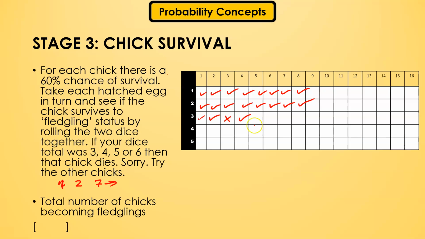A 6 and 3, which is 9. 4 and a 4, so that gives us another survival. A 10, so 4 and a 6. And the last one, snake eyes, double one. So that means that our 8th chick didn't make it. So we've lost 2 of our 8. So there's 6 that come through to become fledglings.